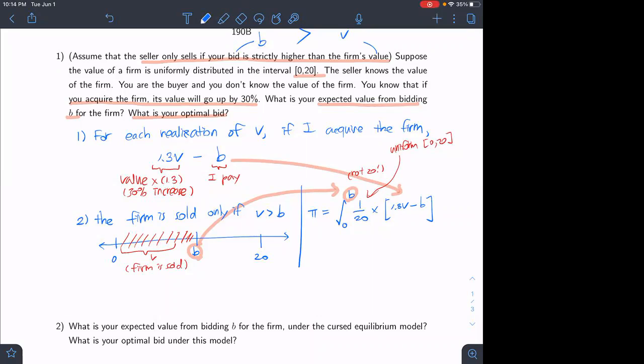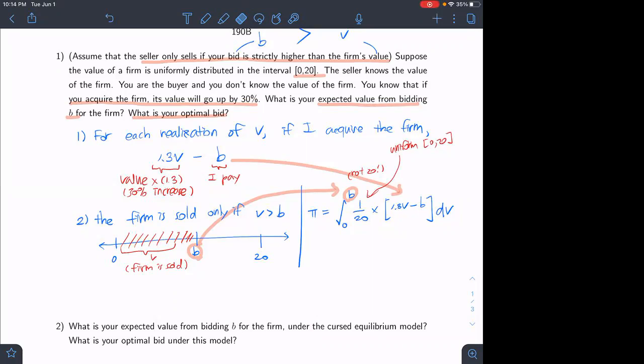This is not the end of the story. We need to integrate out the unknowns of this function. V is unknown, so the value is unknown. B is known, B is my bid, so I definitely know what my bid is. The only thing that is unclear for me is V. So if I think about all the possible realizations of V, then I will know my expected value.